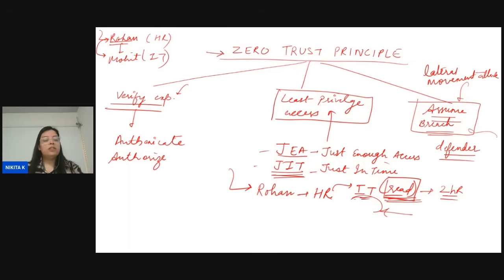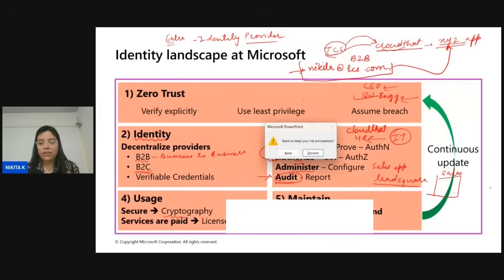Now, first, what we'll see is we'll go to the portal and try to create a user in Entra, which is your cloud-based identity management tool. Now, let me navigate there, just a minute.